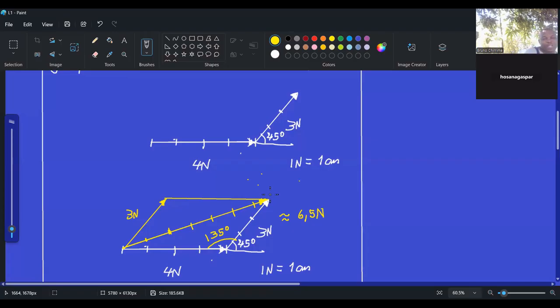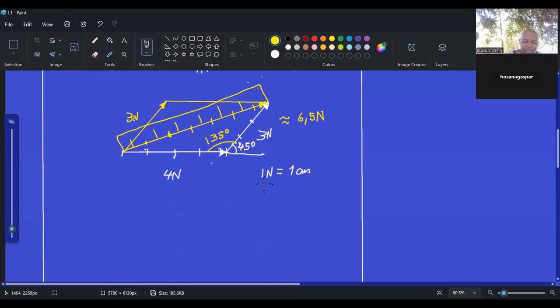That's if we are using a ruler to draw; our ruler should tell us that this equates to 6.5. Now, just to check whether 6.5 makes sense, we can use the cosine rule, when you have the angle and two sides opening.